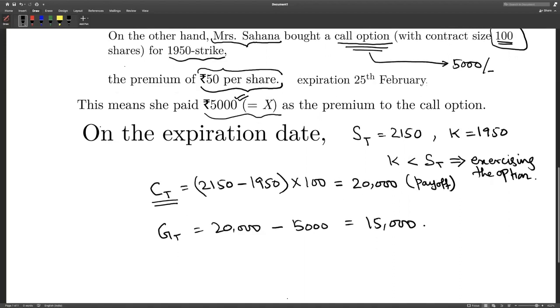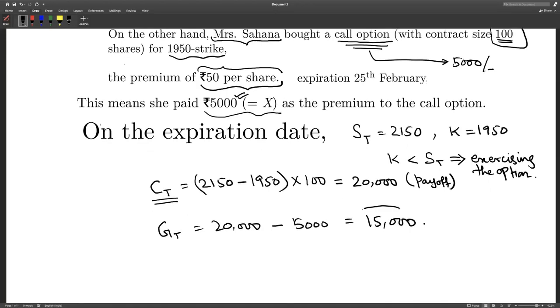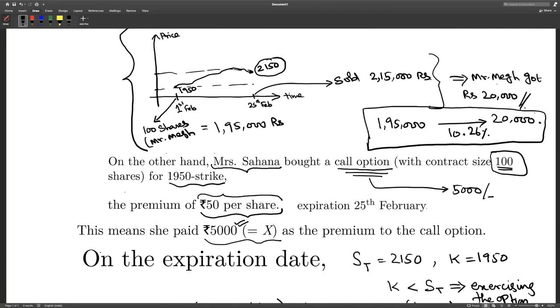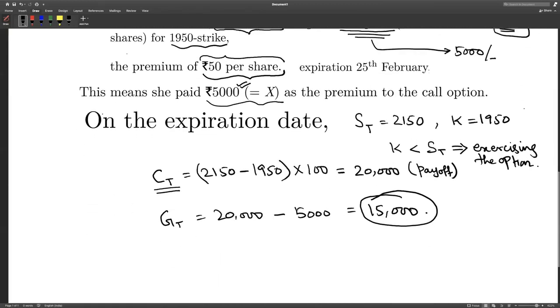So you can see that Mrs. Sahana got 15,000 out of her option trading, whereas if you recall, Meg got 20,000 out of his spot market trading. So although Sahana got a little less than what Meg got, there is a catchy point here that Sahana only spent 5,000 and got 15,000.